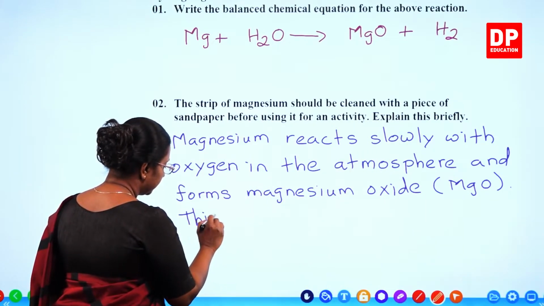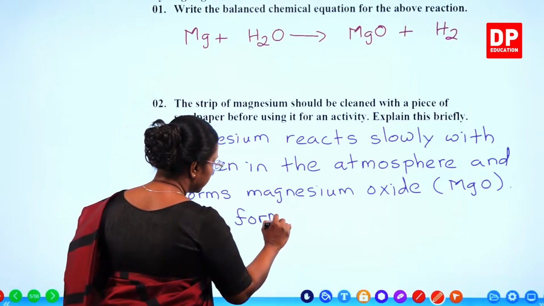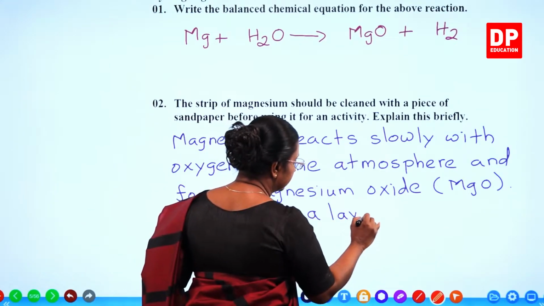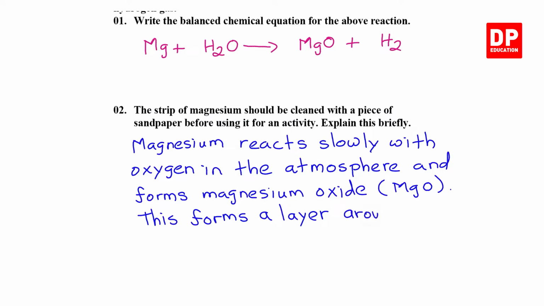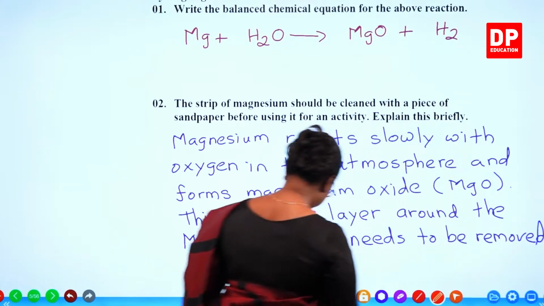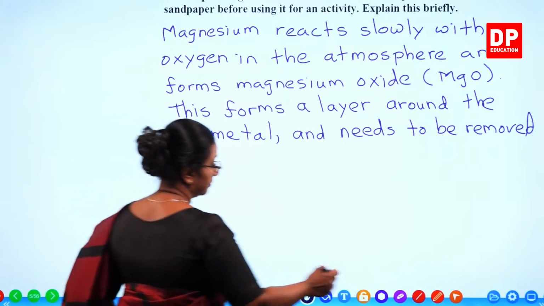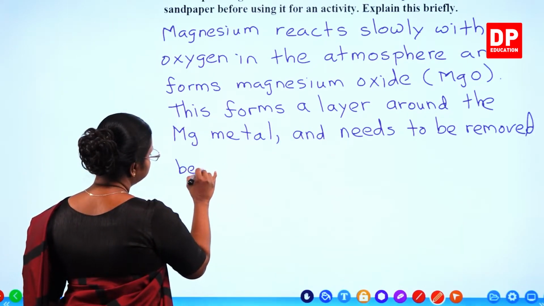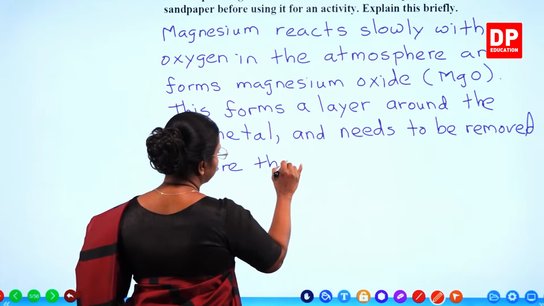This forms a layer around the magnesium metal and needs to be removed before the reactions.